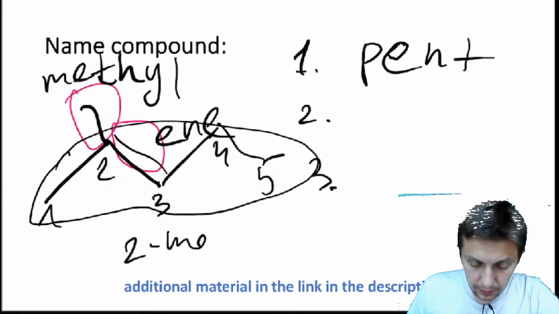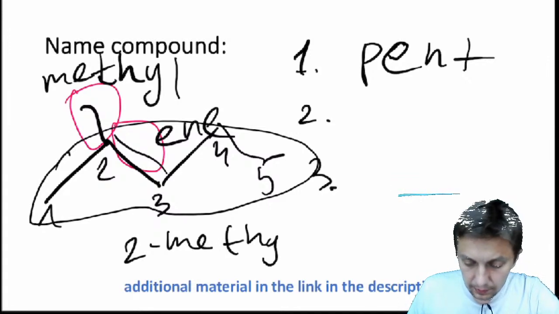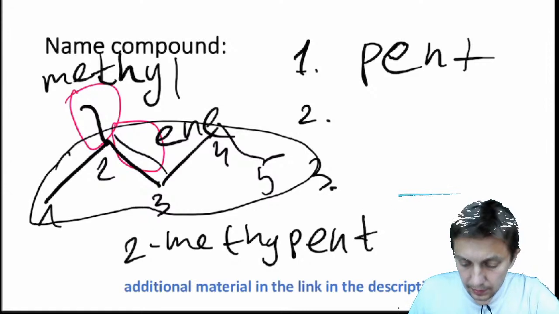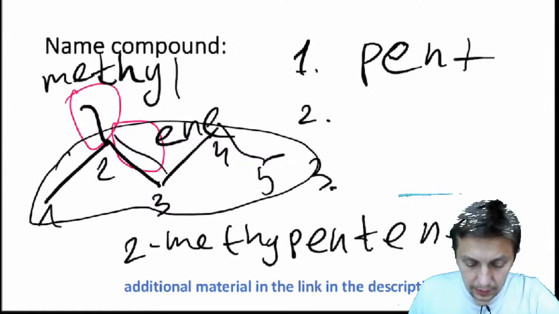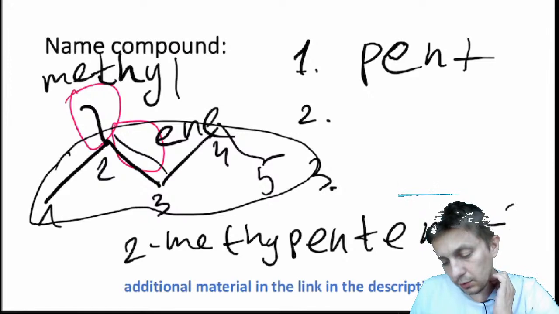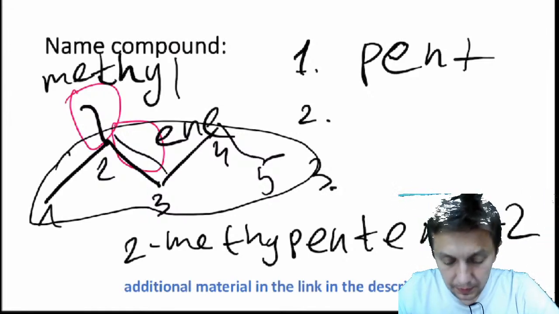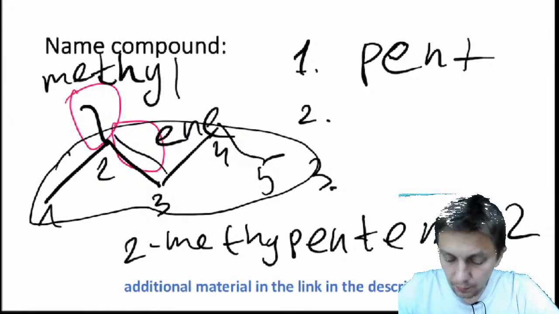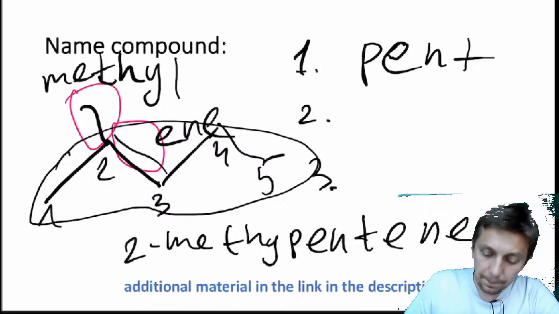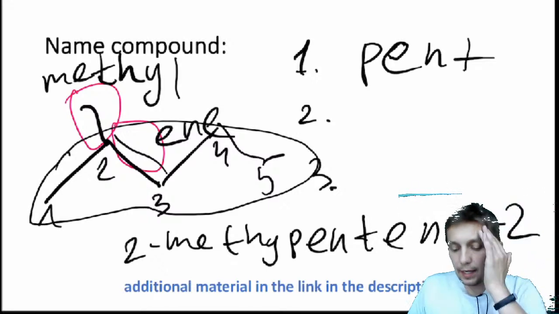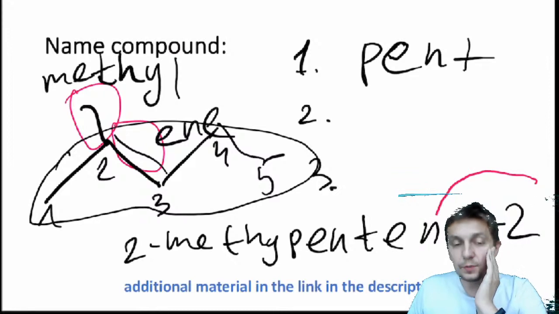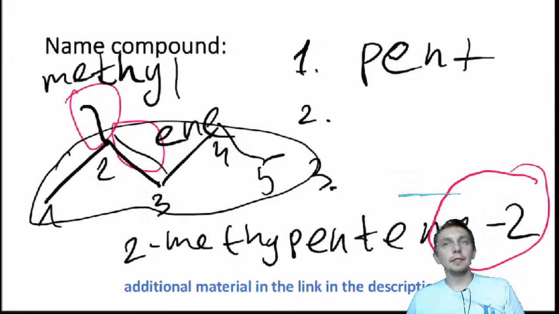2-methylpentene 2. 2-methylpentene 2. We use the highest order of groups and put it in the name in the last position.